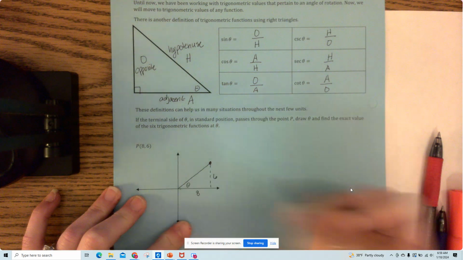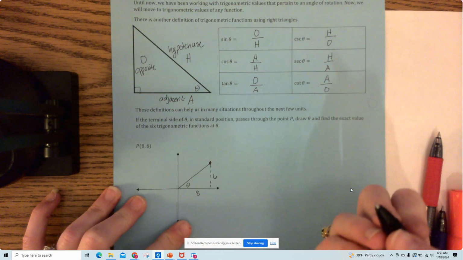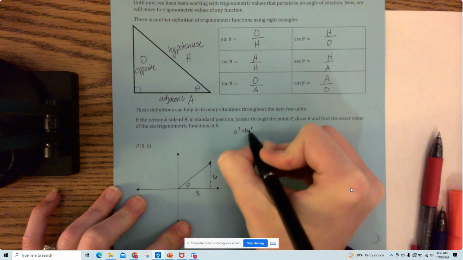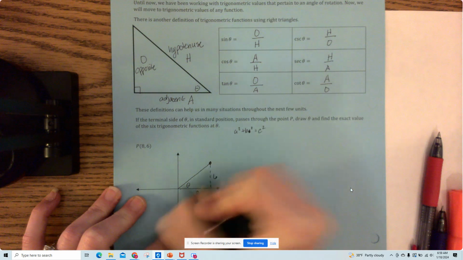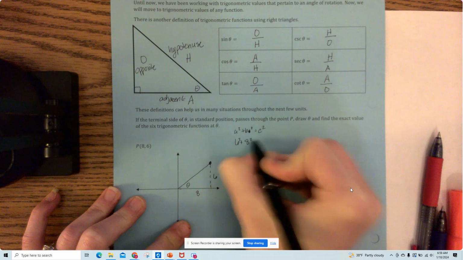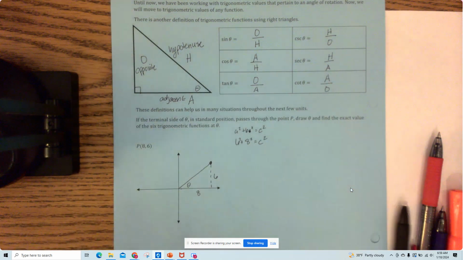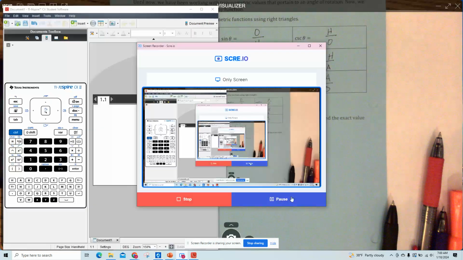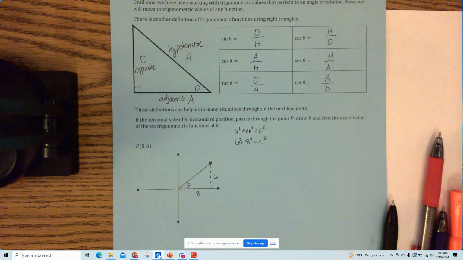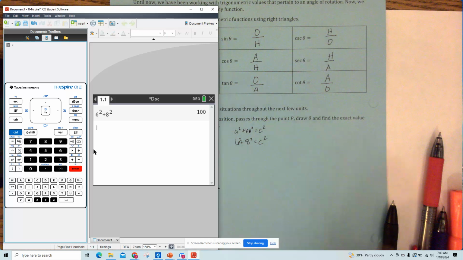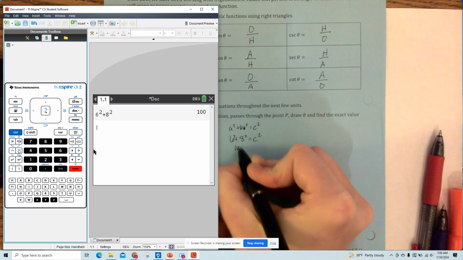To find this hypotenuse, we would use the Pythagorean theorem, which is a squared plus b squared equals c squared. C is always the hypotenuse. So we would do 6 squared plus 8 squared equals c squared. Let me show you what that looks like in a calculator. 6 squared plus 8 squared gives me 100, and that equals c squared.